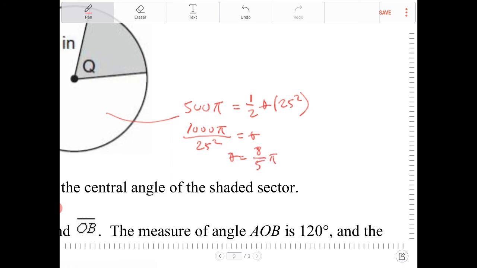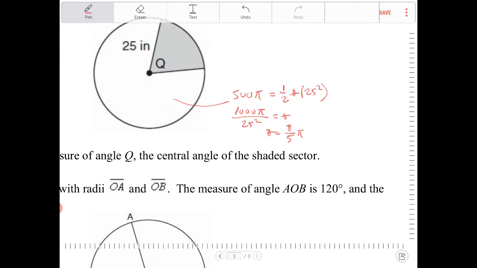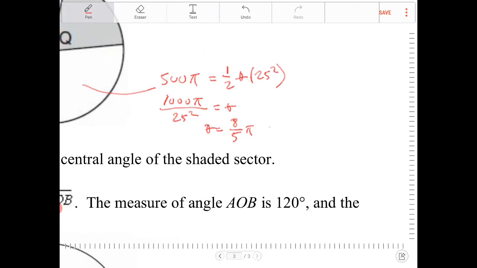And so to figure out what is angle Q, I am going to subtract this from 2 pi, because 2 pi is a full circle. What I'm going to be left with is 2/5 pi, because 10 pi minus 8 pi is 2, right? I'm left with 2/5 pi.